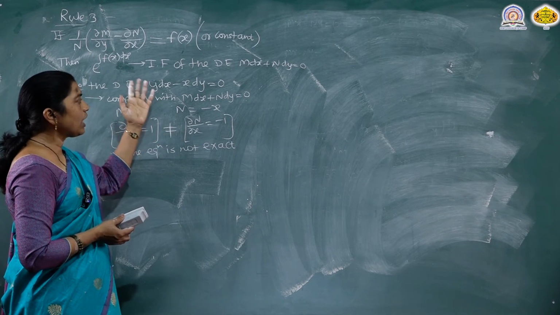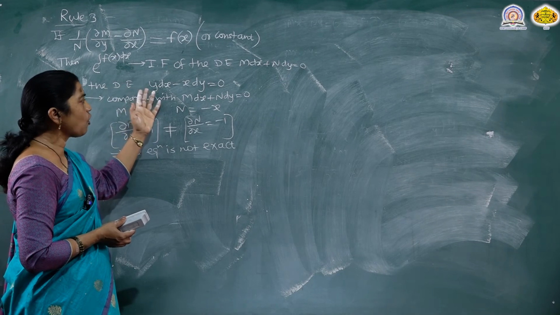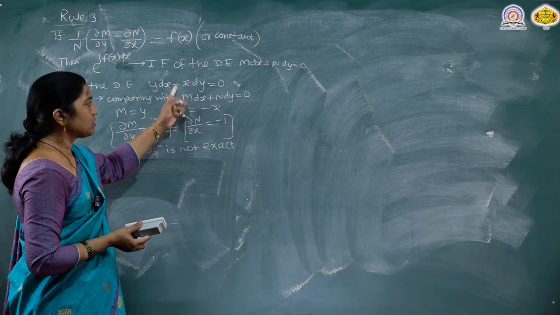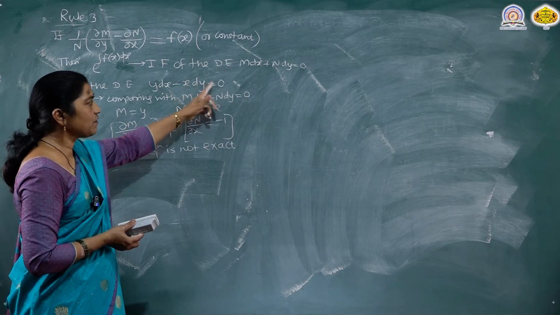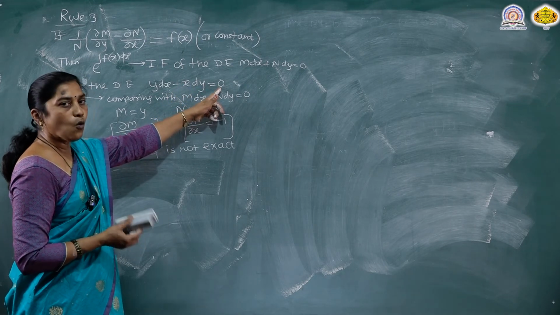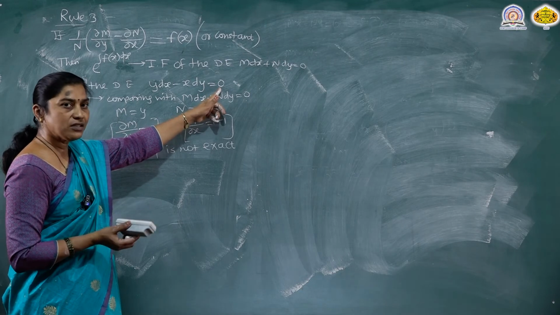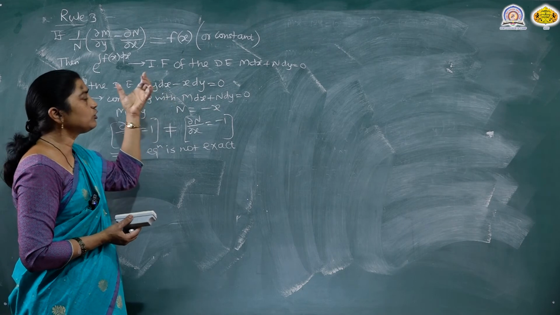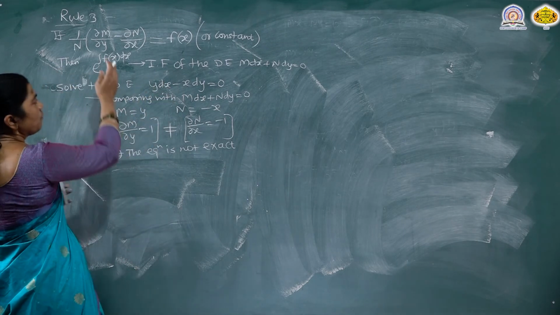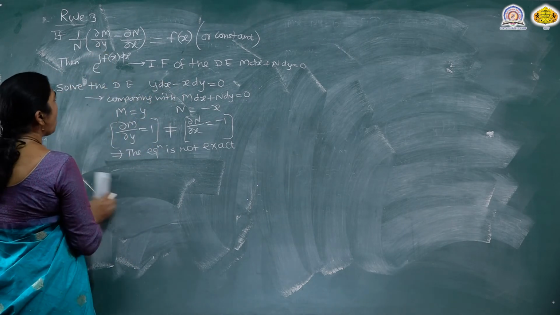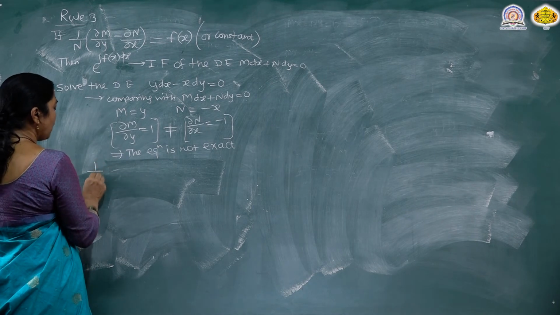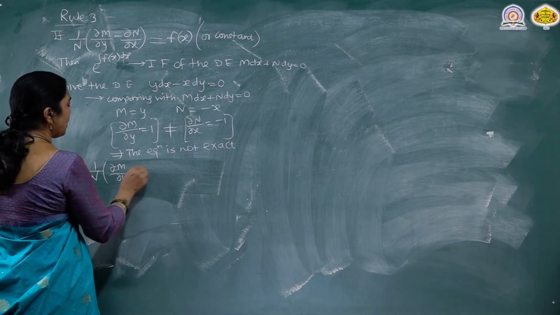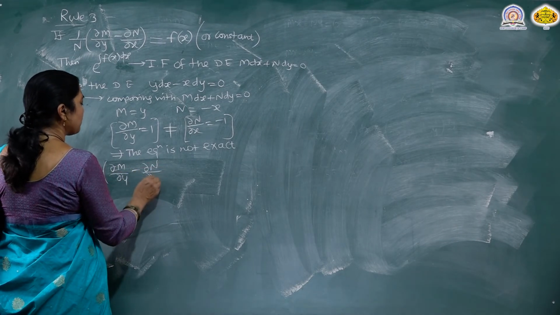The second rule that we have studied says that if it is of the form y f(xy) dx plus x g(xy) dy equal to 0, then 1 upon (Mx minus Ny) is also an integrating factor, but it should be in simplest form. We will consider this rule. Suppose we take 1 upon N (∂M/∂y − ∂N/∂x).